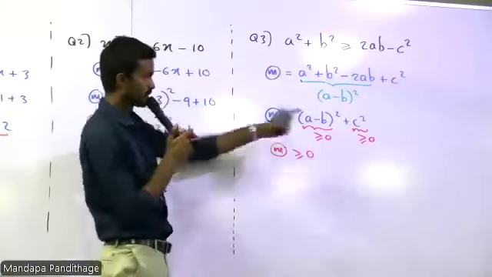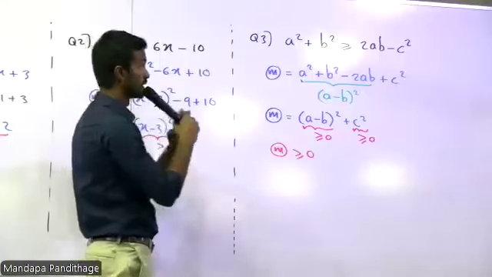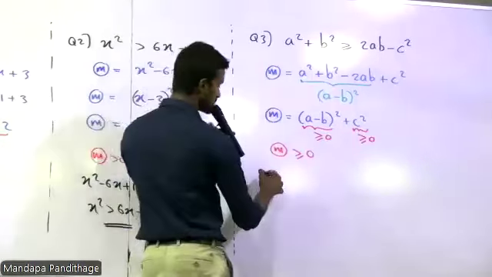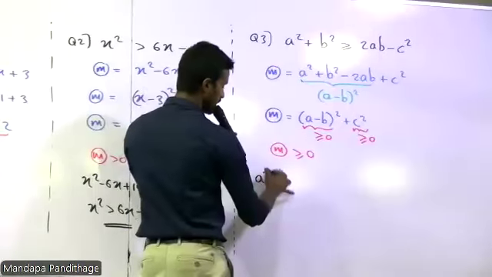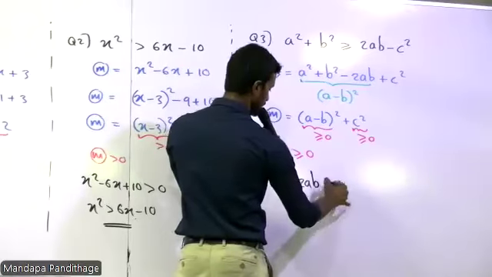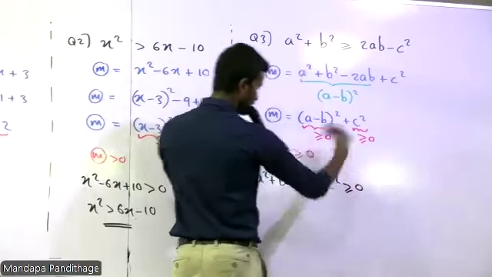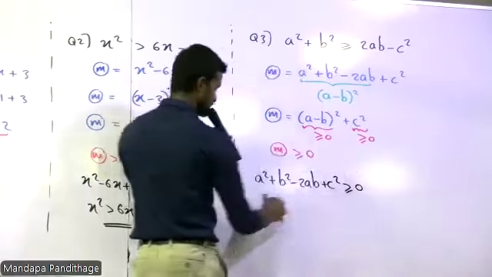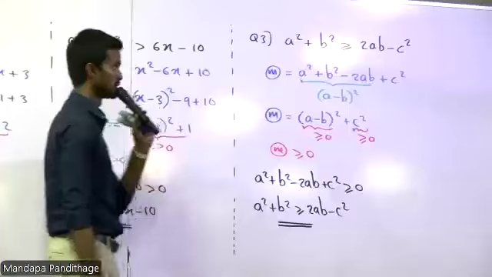Okay, then after coming to this place, you can say clearly, okay, then what is M? A squared plus b squared minus 2ab plus c squared is greater or equal to 0. So here we need to simplify the terms that restrict us from saying that this is a positive one.